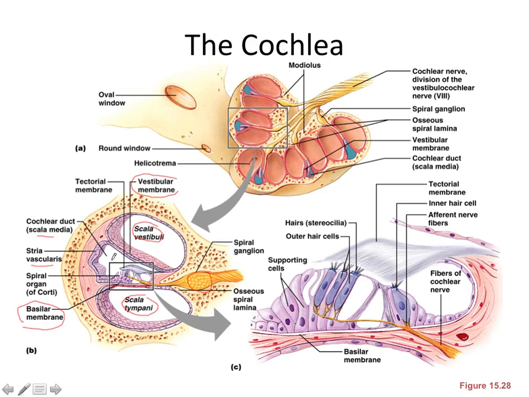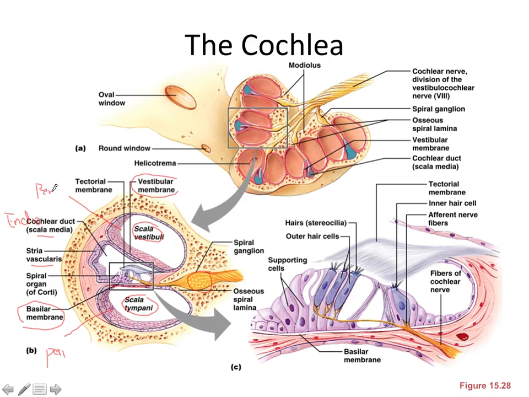The fluid in the scala media is called endolymph. However, the fluid in the scala vestibuli and tympani is perilymph.